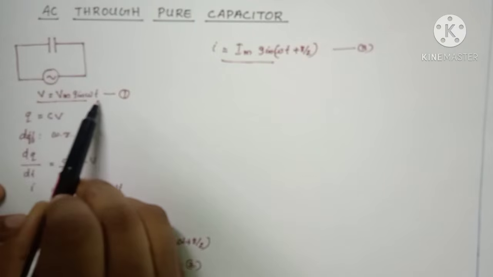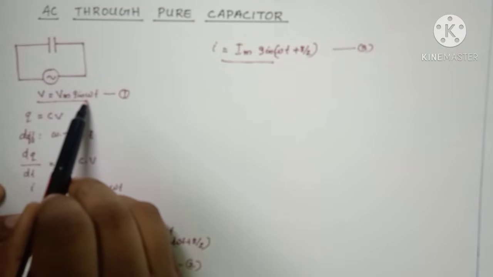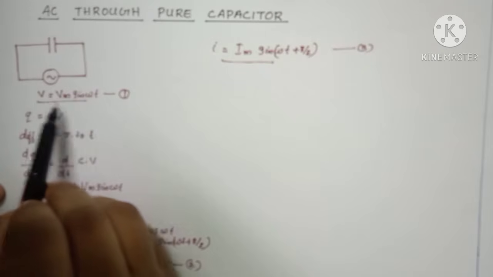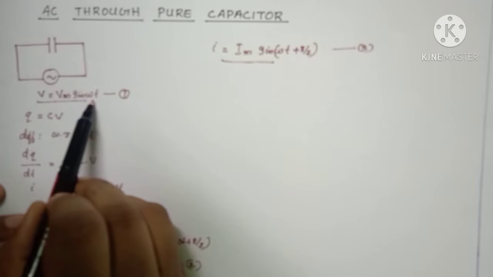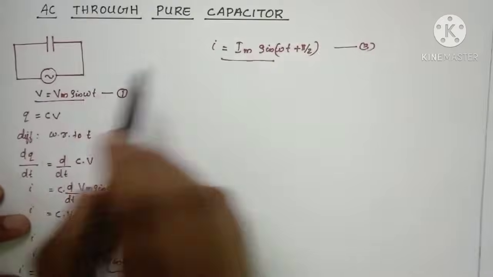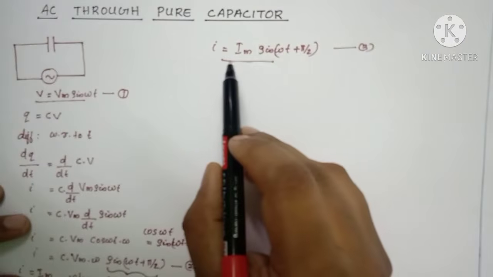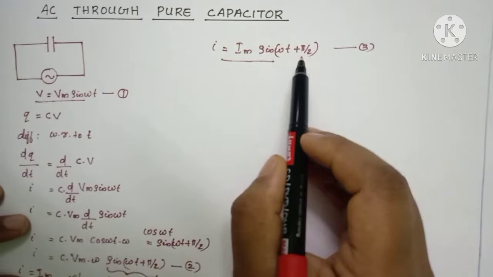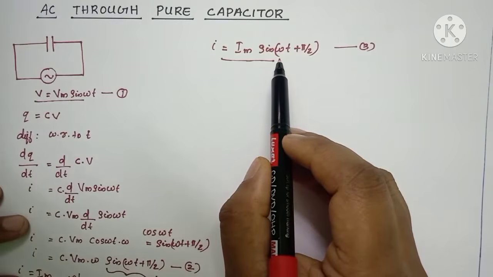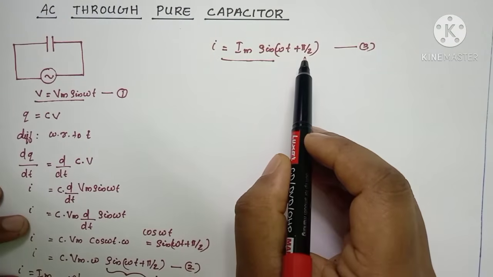If we compare this equation and this equation, meaning the instantaneous value of voltage and current, we will get v is equal to Vm sin omega t. Here omega t is the phase of this voltage at the time t, and in the same case i is equal to Im sin omega t plus pi by 2, and here the phase is omega t plus pi by 2.